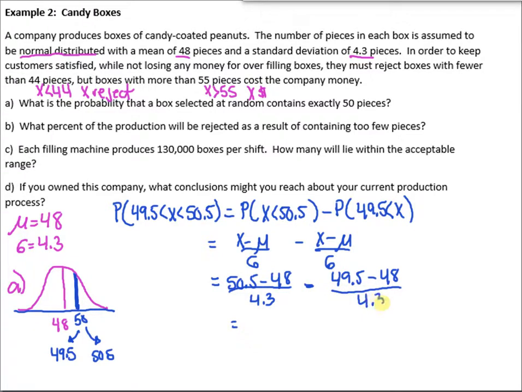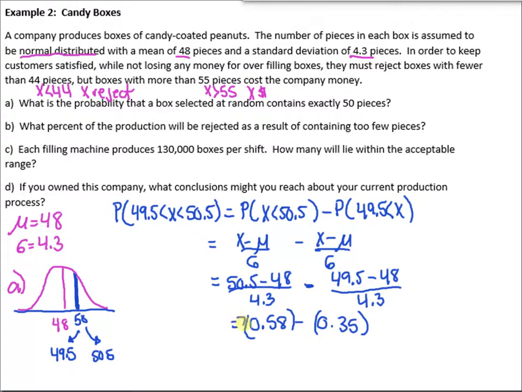If we put these into our calculators, 50.5 minus 48 divided by 4.3, I get 0.58. That's our z-score. Then 49.5 minus 48 divided by 4.3, I get 0.35. Do not subtract these yet.